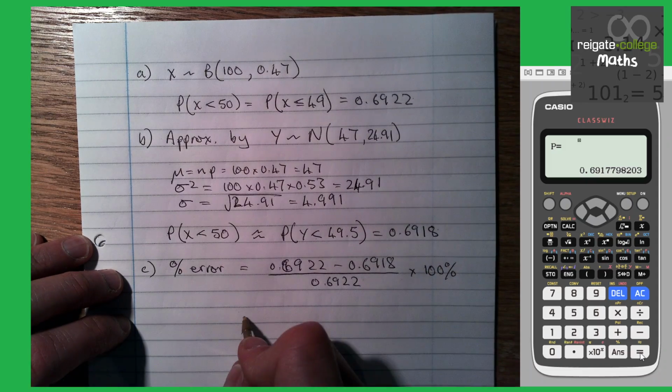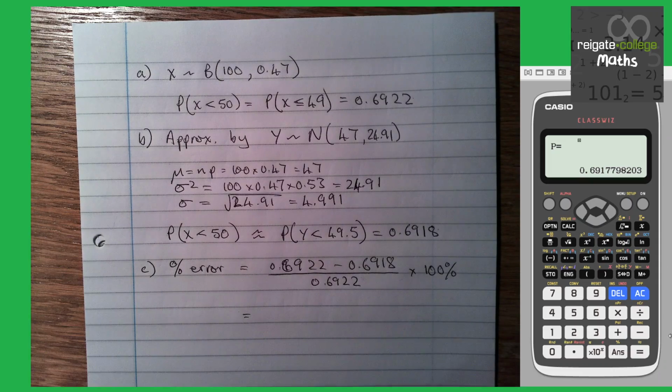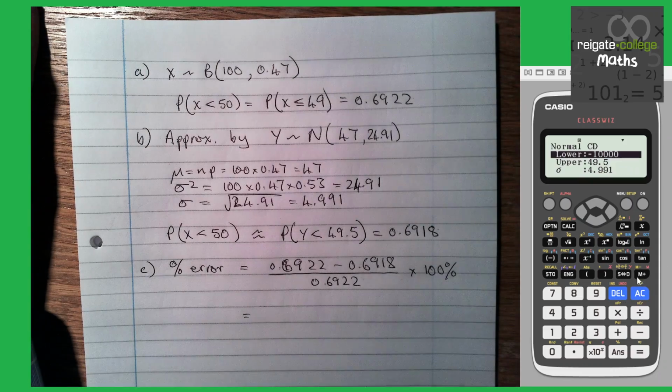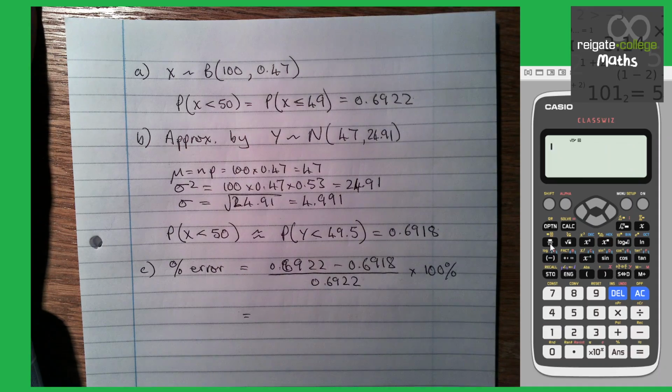So let's again put that into the calculator. So we're going to go menu, back to calculation mode. Let's put it in as a fraction, 0.6922 minus 0.6918.